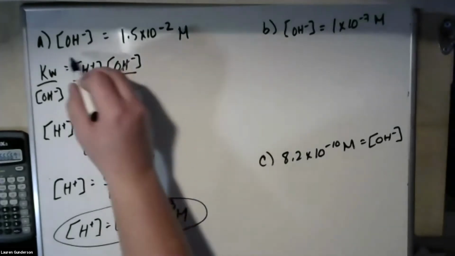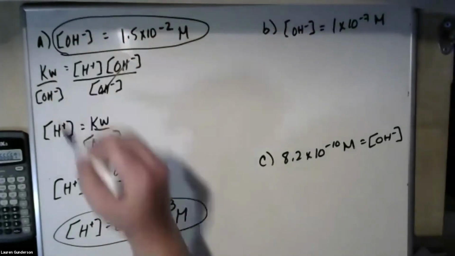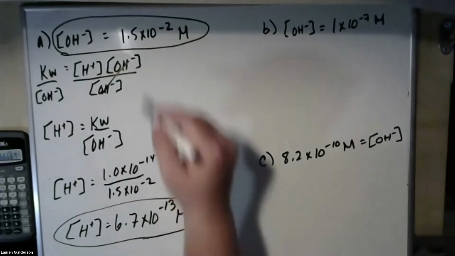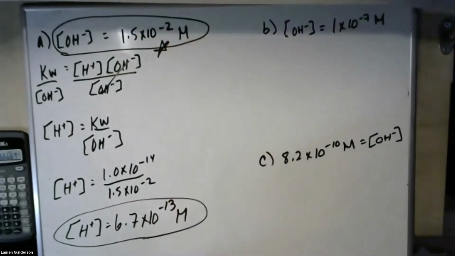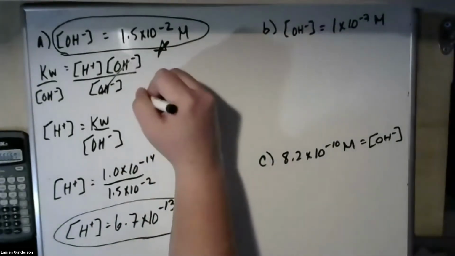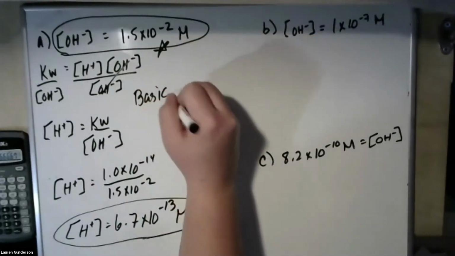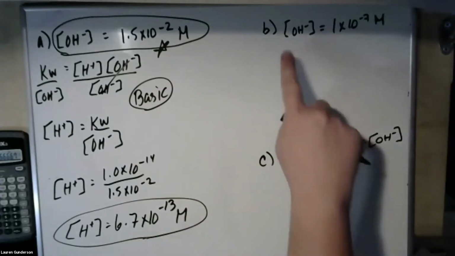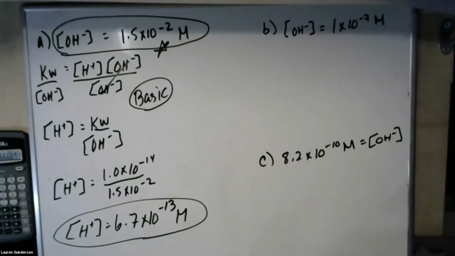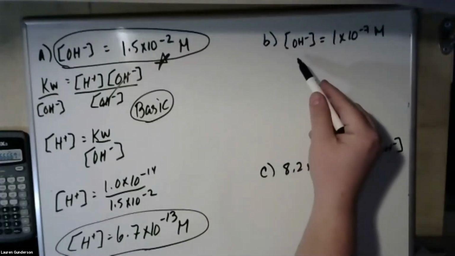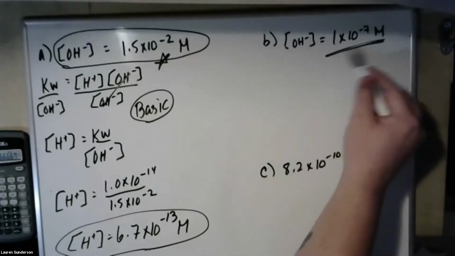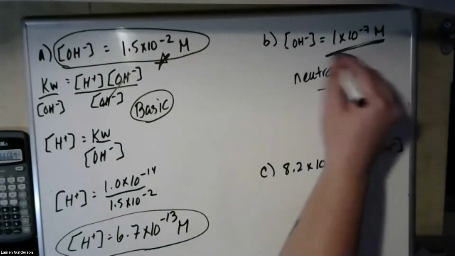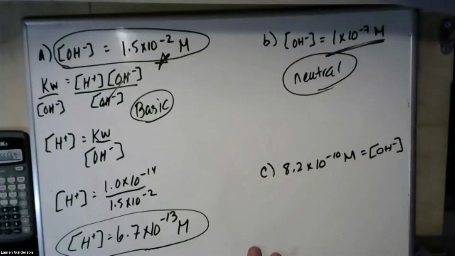So when we compare our hydroxide ion concentration to our hydrogen ion concentration, we see here that the hydroxide ion concentration is larger, so solution A is going to be basic. For problem B, we see that the OH minus concentration is 1 times 10 to the negative 7. So I'm not even going to calculate that out because we should know right away that that's going to be neutral.